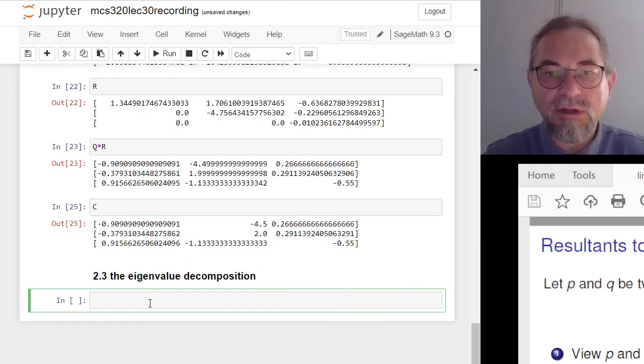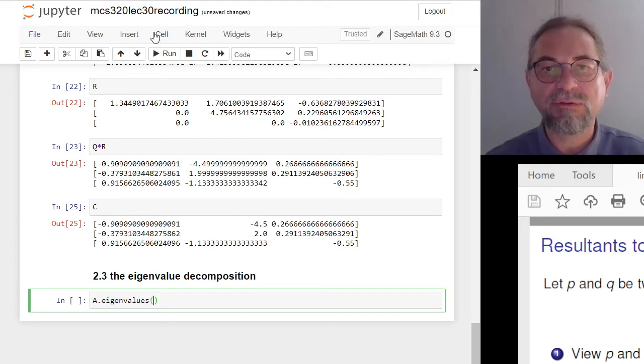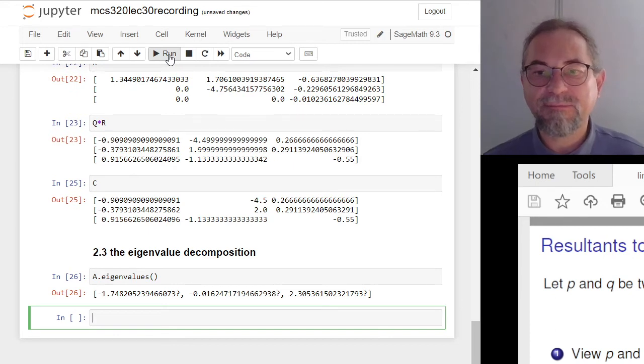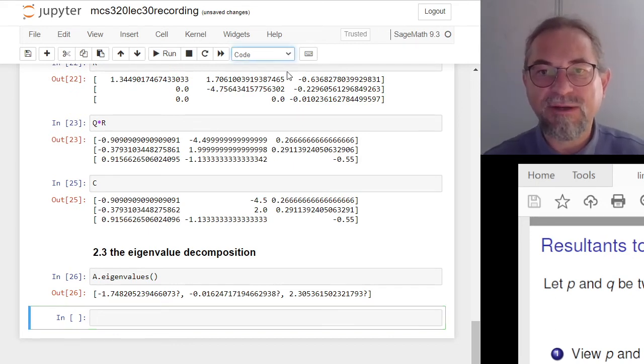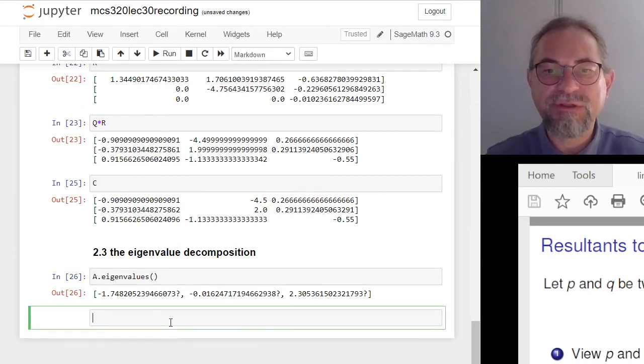So I can compute the list of eigenvalues directly on the matrix A. But observe that I will type that down because this is important.